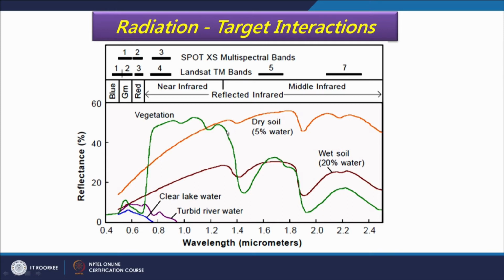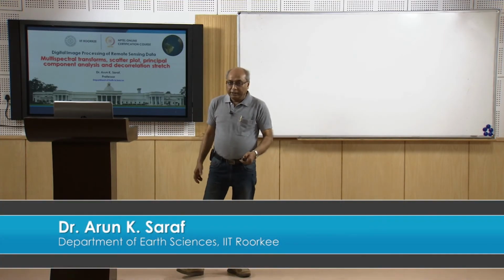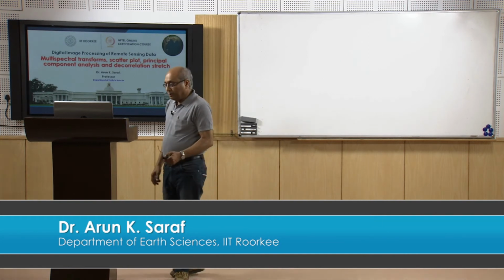Similarly, wherever major changes occur, in vegetation, dry soil or wet soil, water bodies, turbid water, clear lake water, they all behave differently, and ratios can exploit that, giving you a better output image for reliable image interpretation.